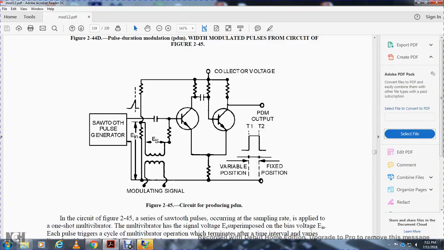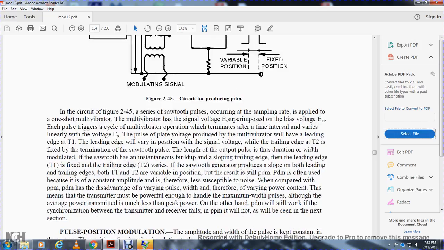The circuit has sawtooth generation, input voltage, secondary modulating signal, and collector voltage, with two transistors sharing a split network of resistors and a transformer, with pulse duration modulated output and variable and fixed positions.